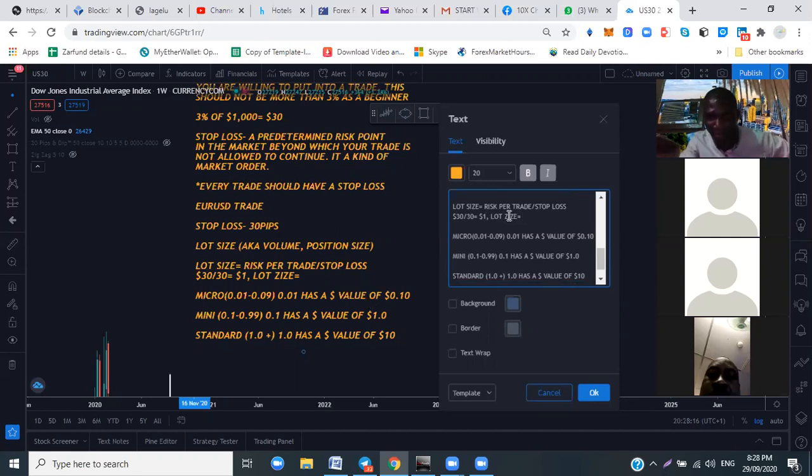Sorry, I made a mistake. The dollar value of the lot size is $1. What is the lot size? That's a mini lot size. Okay, a mini lot. So what is the lot size itself? The lot size is 0.1. Great.